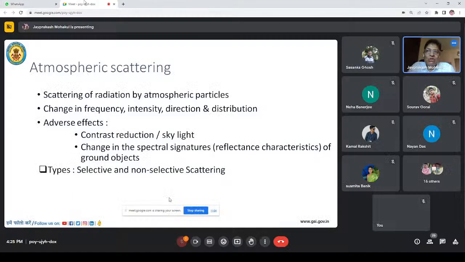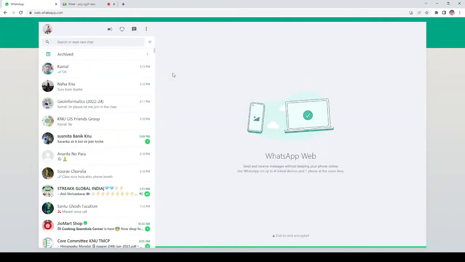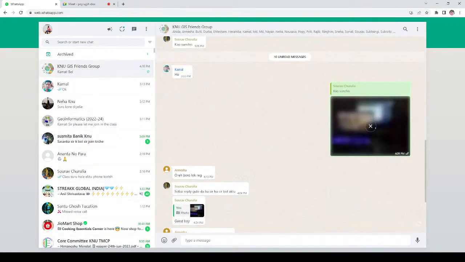Which effectively means, there is a sensor in the satellite, a certain detector which is measuring a particular part of the earth surface, that is known as the ground pixel.